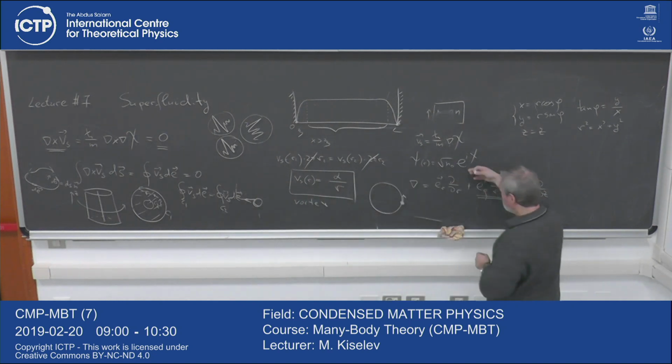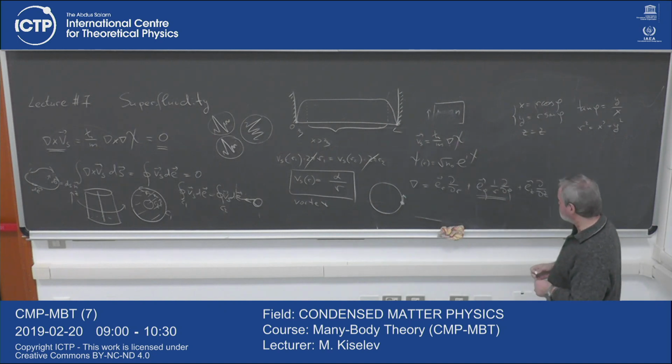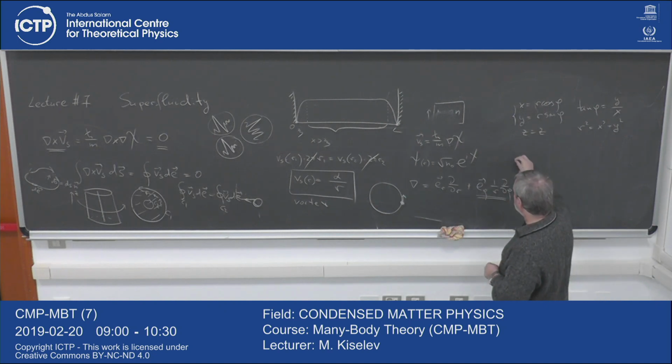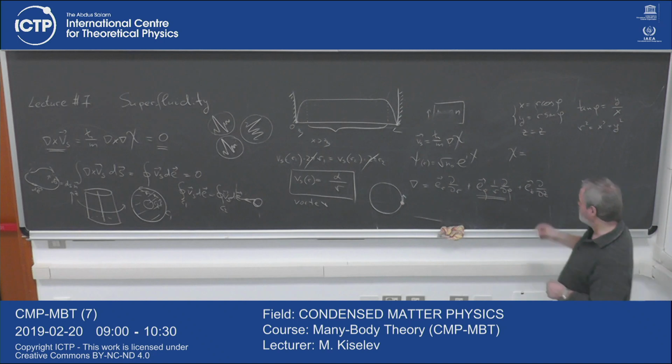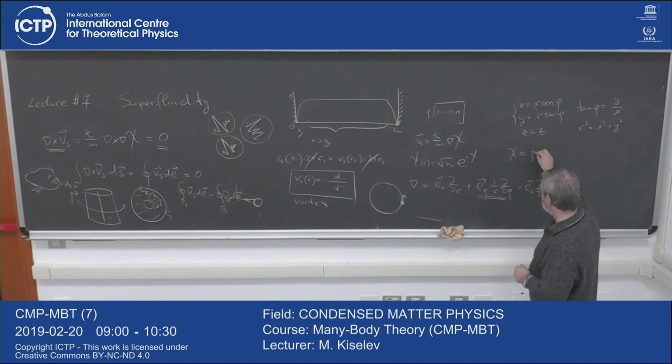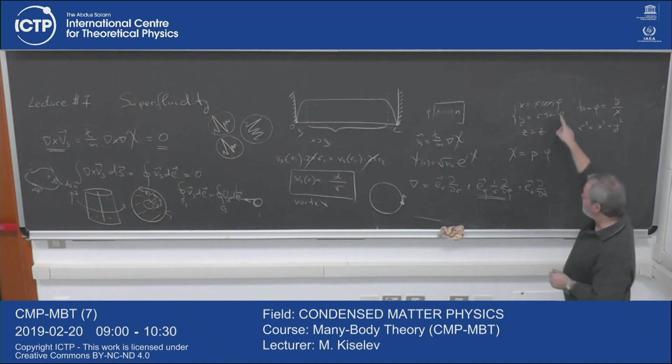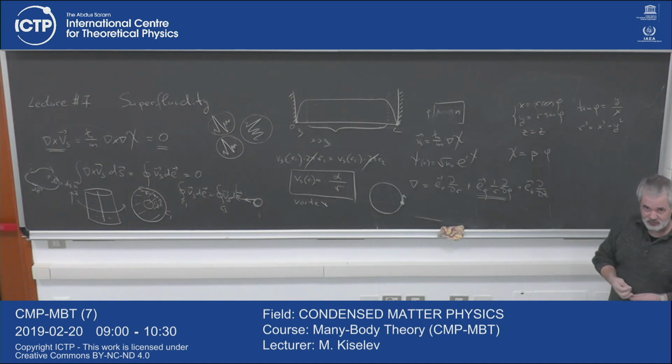Therefore, we should assume, without losing any generality, that your phase chi is some other constant, let me call it beta, times phi, where phi is a polar angle.